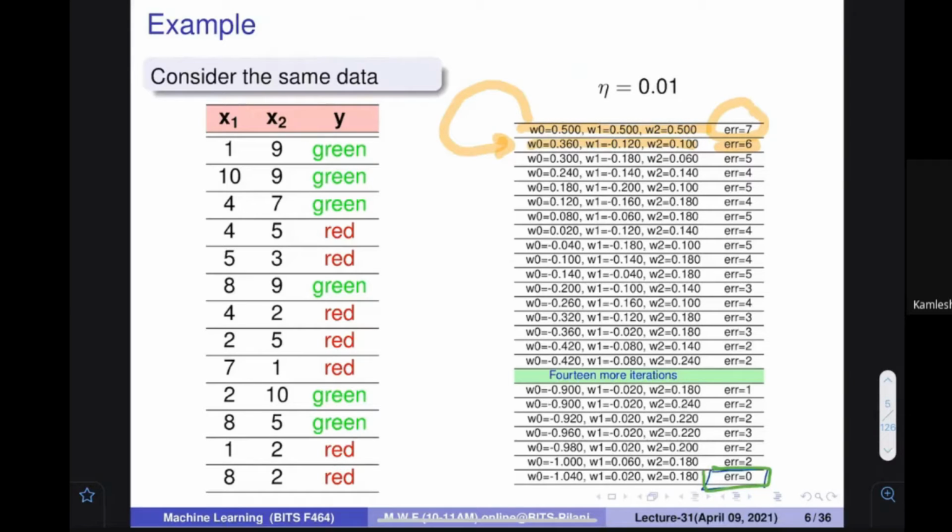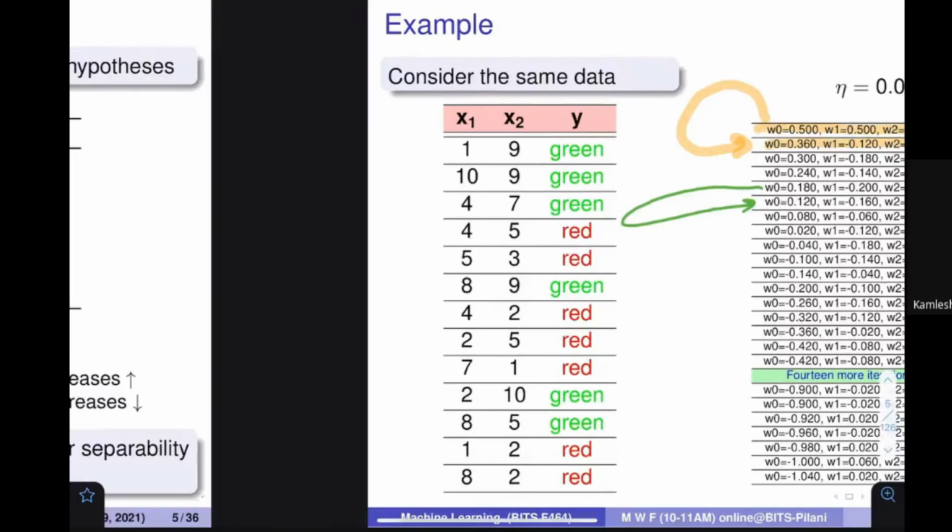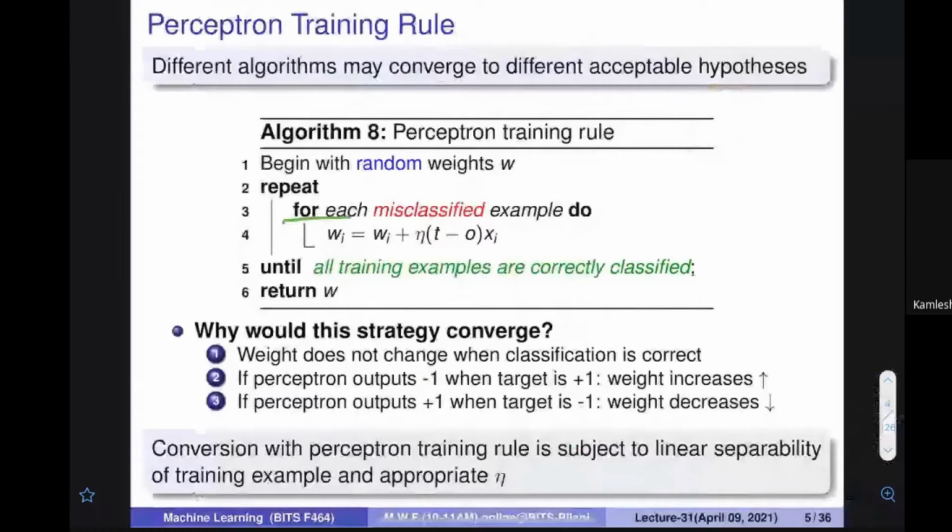The only thing you have to note here is that the error was 7, then 6, then 5, then 4, continuously reducing, but after 4 it becomes 5. That means when you modified this particular weight, your error actually increased, even though you think the error is going to reduce. This happens because in this equation we modify the weights with respect to the misclassified examples only.